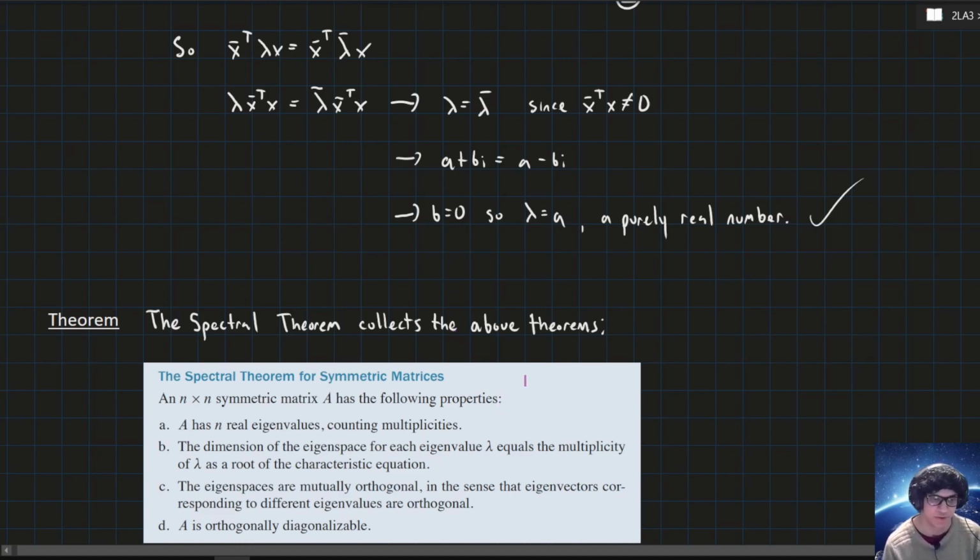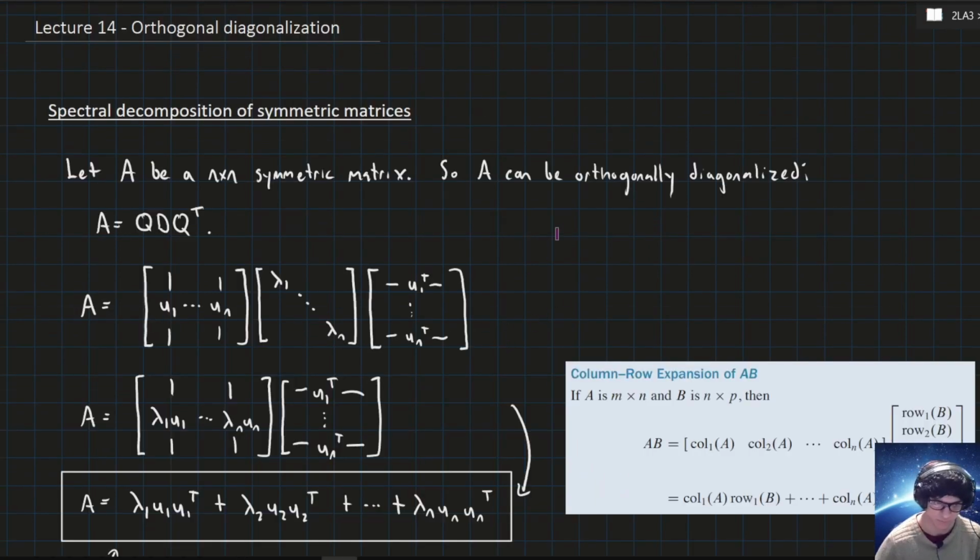This theorem just collects all the theorems we proved above. A has real eigenvalues, and A is orthogonally diagonalizable. So if A is a symmetric matrix, we can write it as a really nice factorization: a product of Q, D, and Q transpose, where Q is orthogonal.